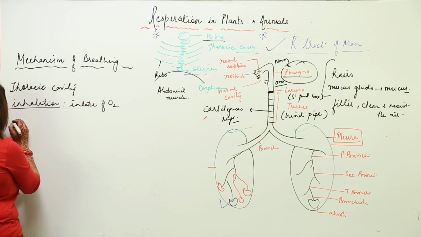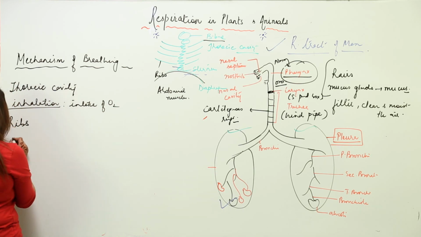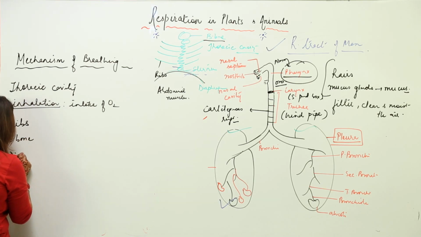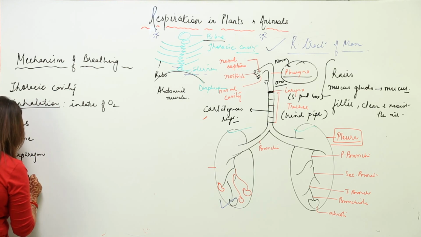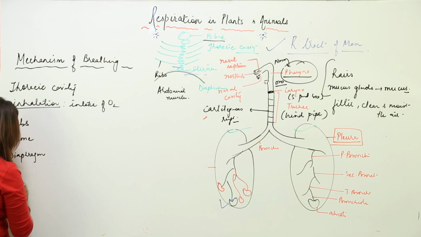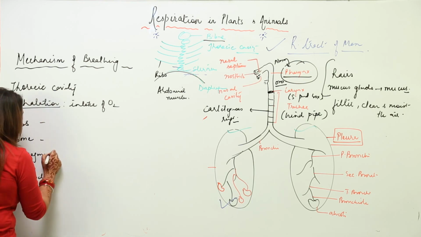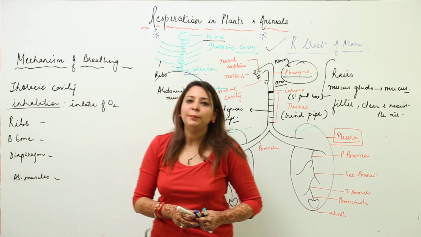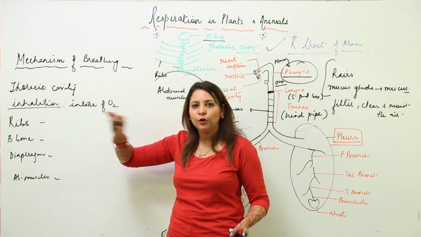So when we are inhaling, I am writing the factors we are going to try out with me. We have ribs, backbone, diaphragm, and abdominal muscles. See, try to inhale, we are going to perform a practical task here. This is an inhalation, that is, intake of oxygen.